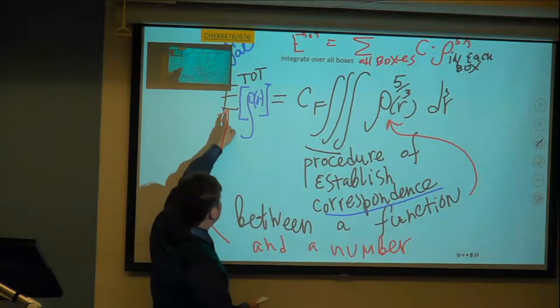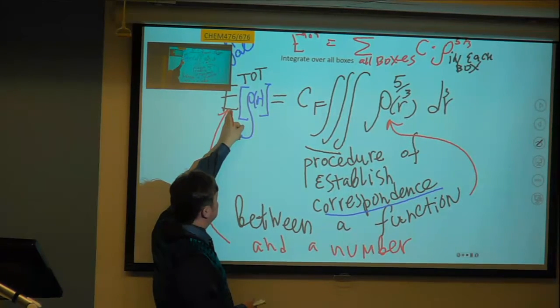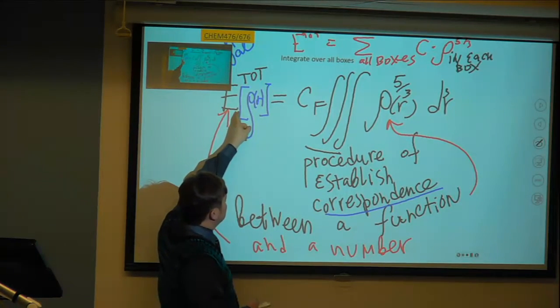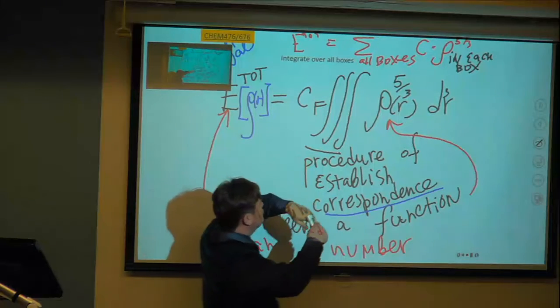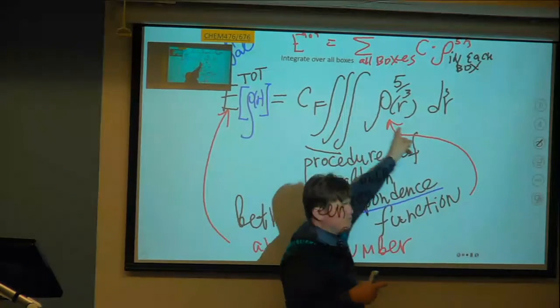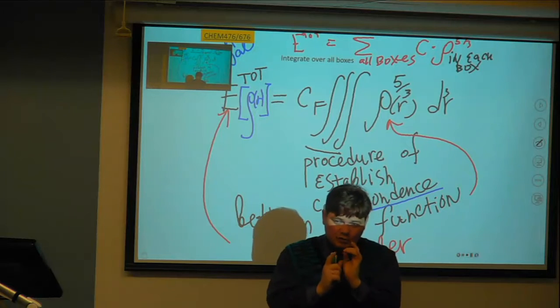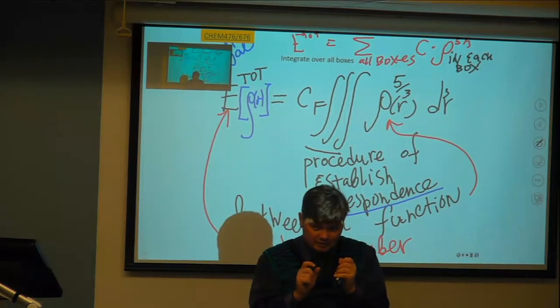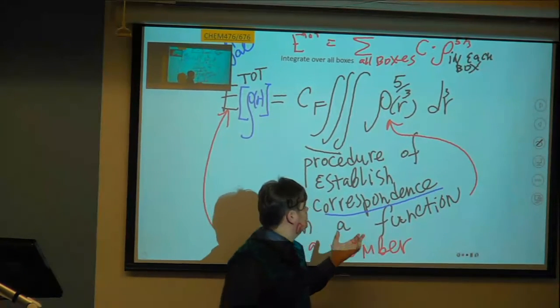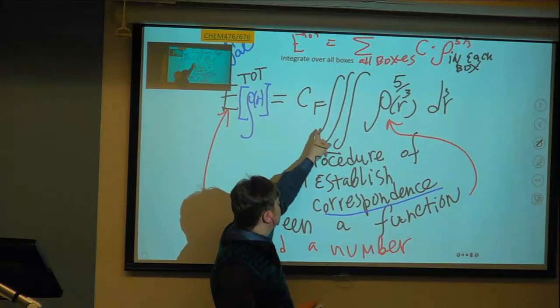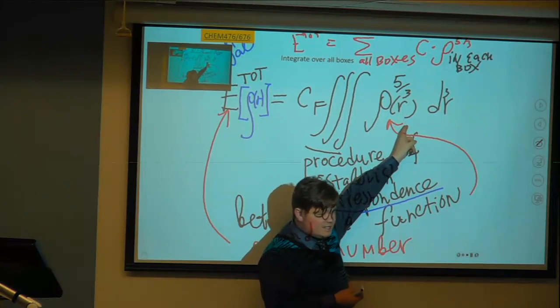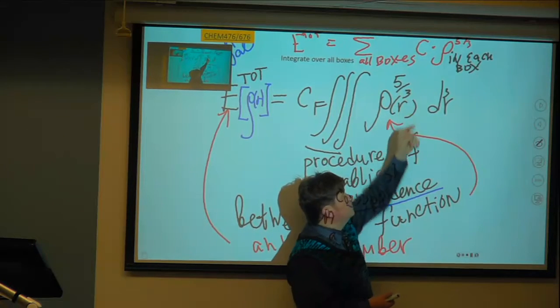So, total energy is summation of all boxes, or integration of all boxes if we make them smaller and smaller, infinitely small boxes, right? And it means 3-dimensional integral of density of electrons to the power 5/3.